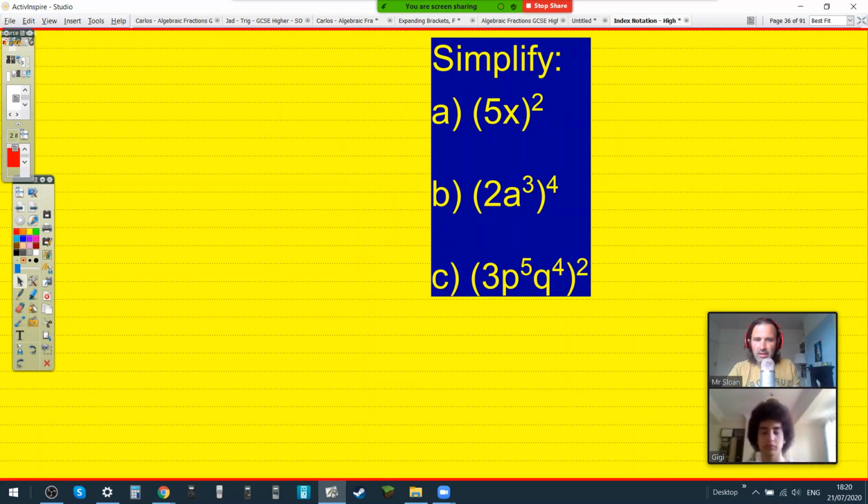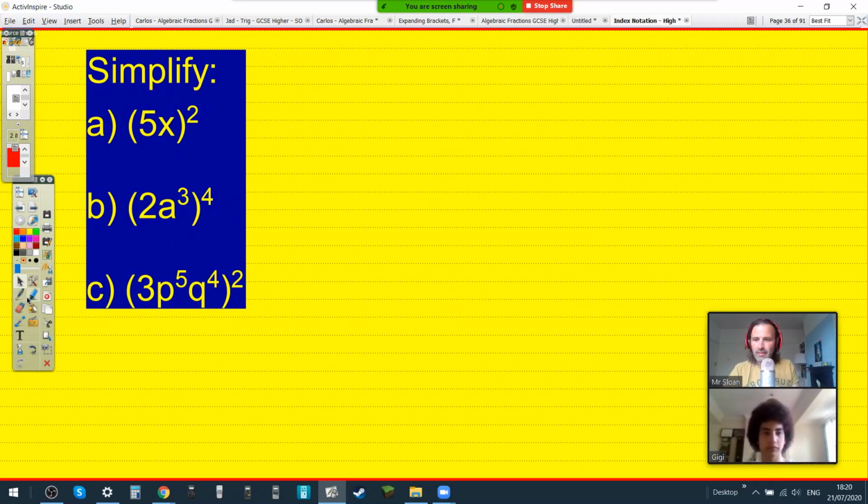Okay, let's try these. Harder than they look. 25x to the power of 2. 8a to the power of 12. It would be 2 cubed is 8. 2 to the 4. Oh, 16a.